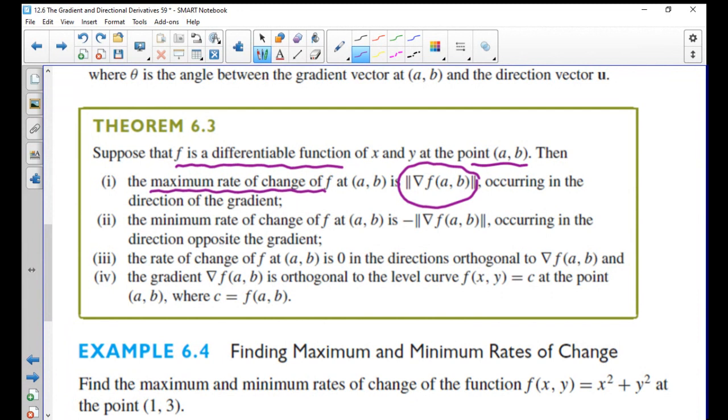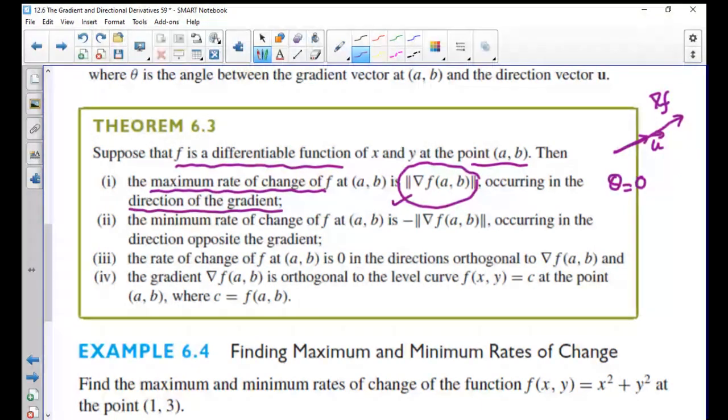And this occurs in the direction of the gradient. That means this happens when theta is equal to 0, like u and the gradient are in the same direction. So that's the maximum rate of change.